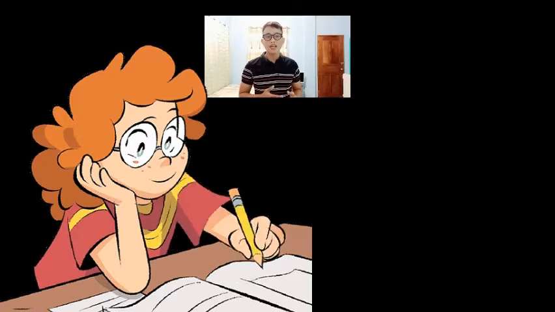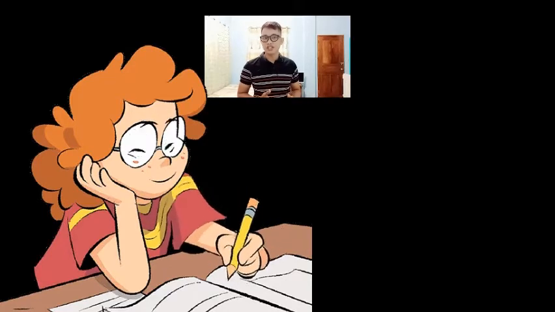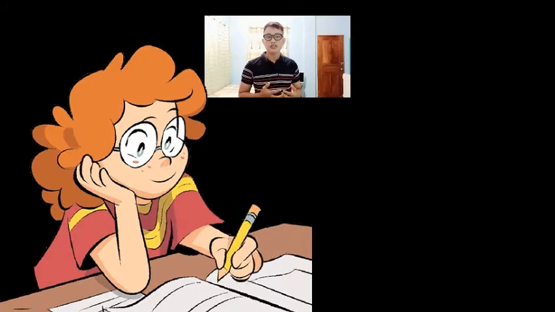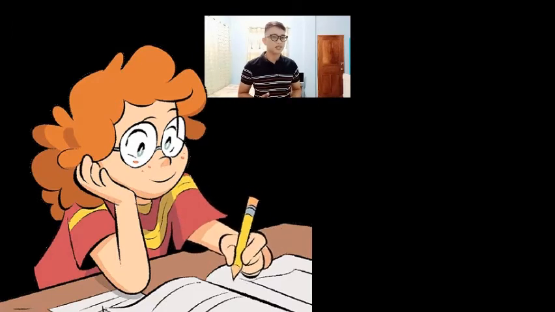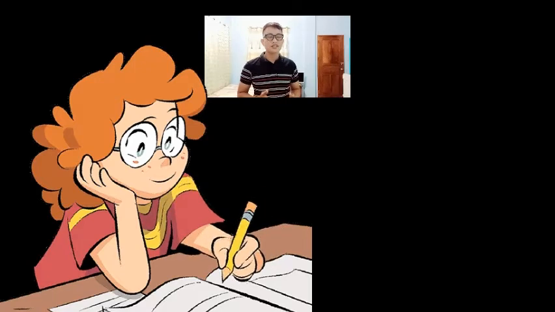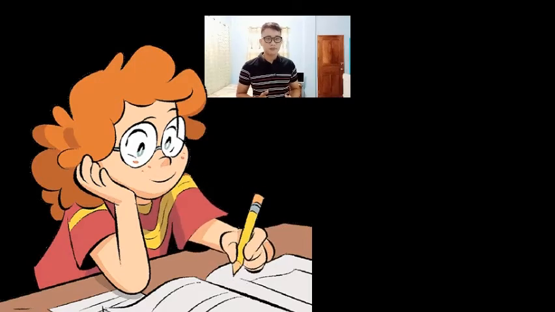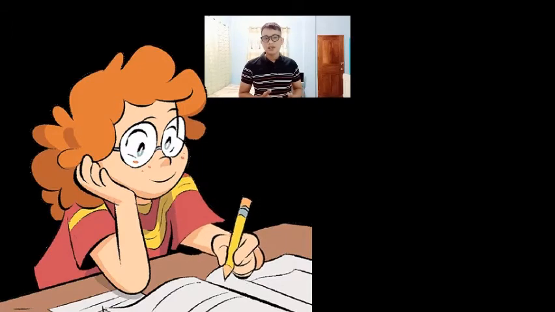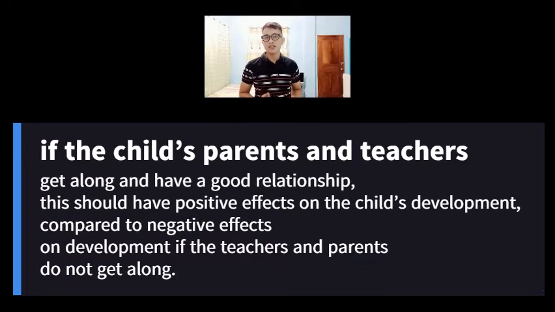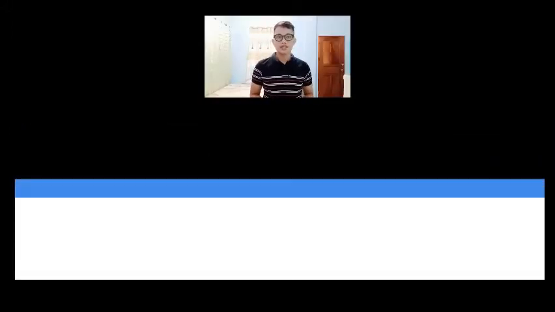For instance, if a child's parents communicate with the child's teachers, this interaction may influence the child's development. Essentially, a mesosystem is a system of microsystems. Accordingly, in ecological systems theory, if the child's parents and teachers get along and have a good relationship, this should have a positive effect on the child's development, compared to a negative effect if the teachers and parents do not get along.